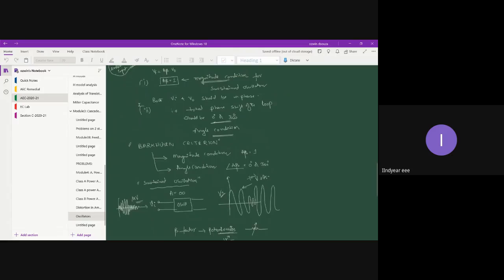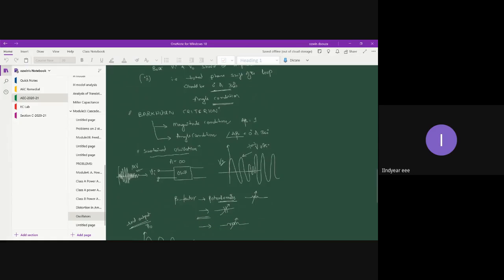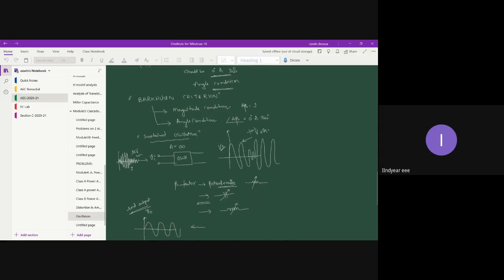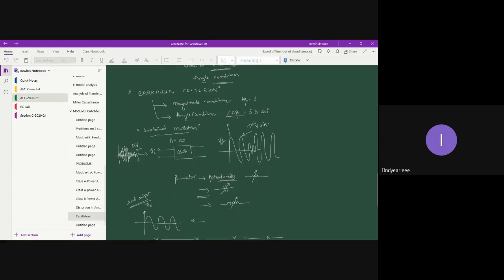In the absence of an external input signal, the moment we power on the circuit by connecting it to a DC power supply, we get something known as power transients. This power transient causes electronic noise or random noise in the resistors.